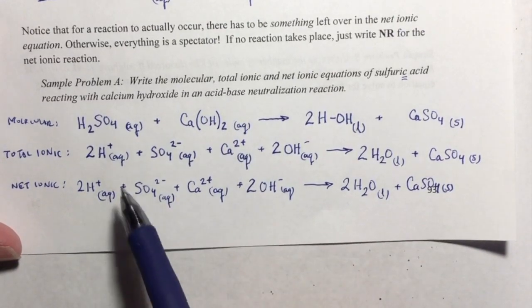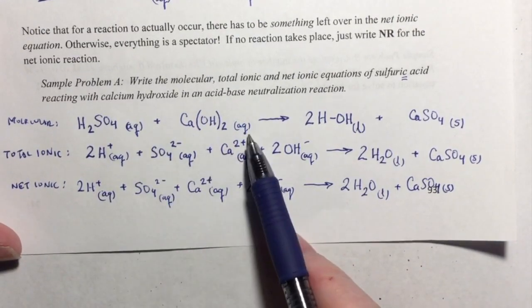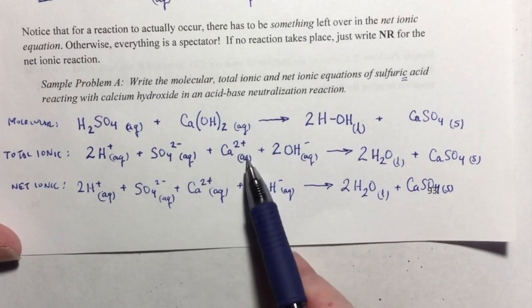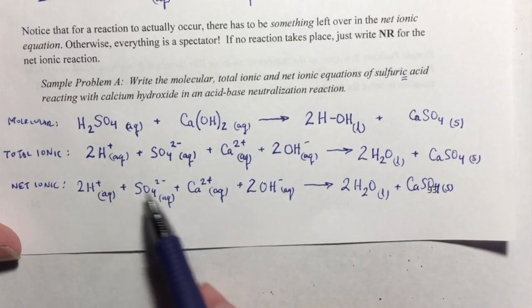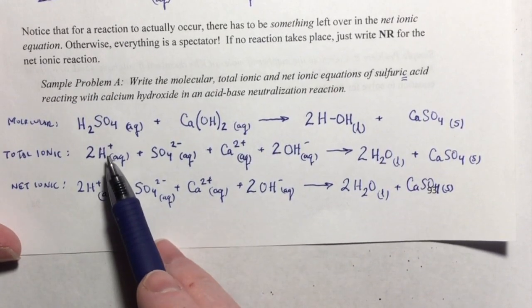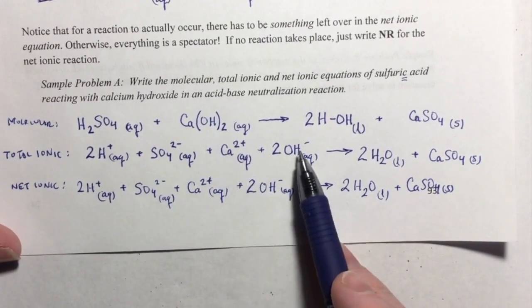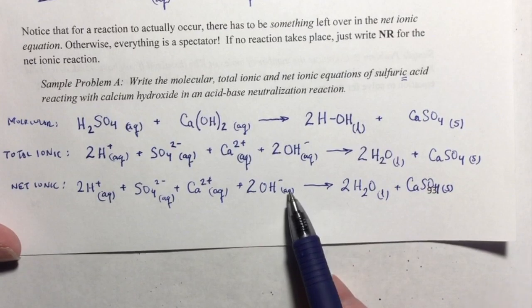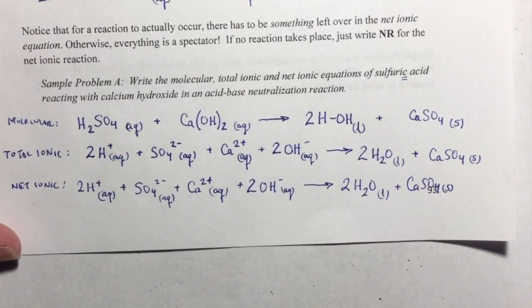Okay, I'm just going to go through and check and make sure everything has a state indicator. I'm going to check to make sure every ion alone by itself has its charge. And there they are. Okay, it looks like I'm in good shape.